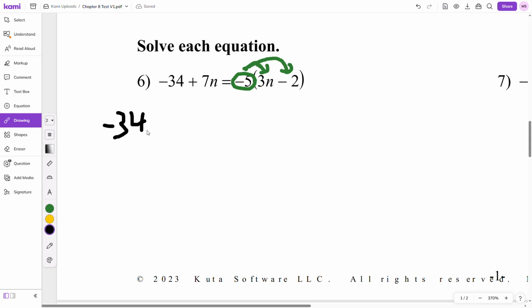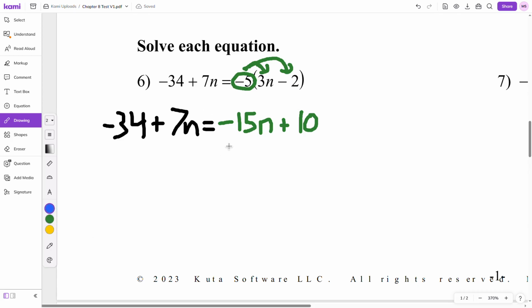I'm just going to leave this left side here alone and not do anything with that. And then this green part here is going to be negative 15n plus 10. Because 5 times 2 is 10. And negative times negative makes it positive. And so now I'm in business.